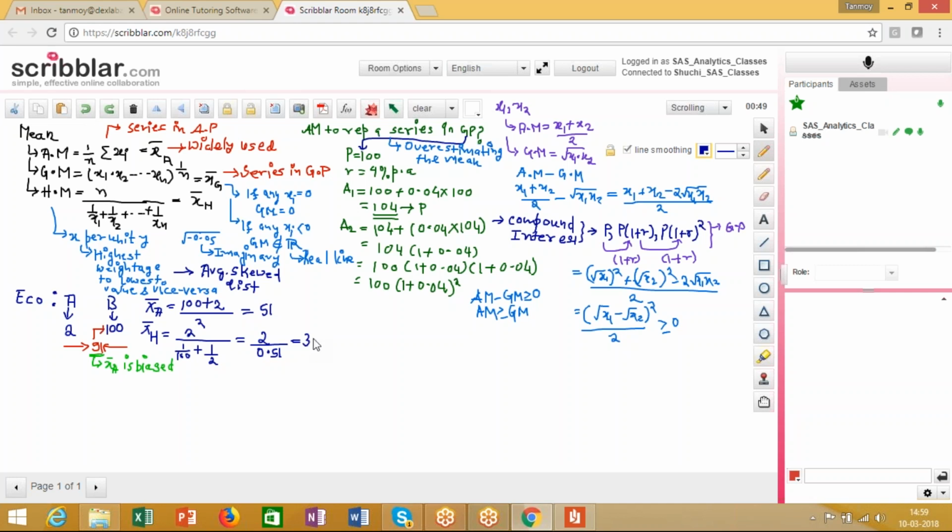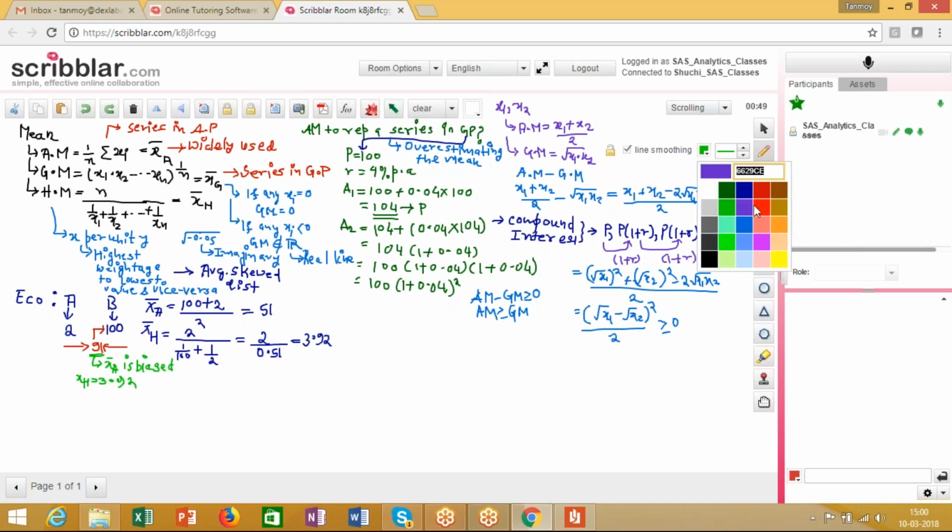So over here what you will see is that the value generated by x bar H, which is equal to 3.92, is more representative of the lower end values than the higher end values.